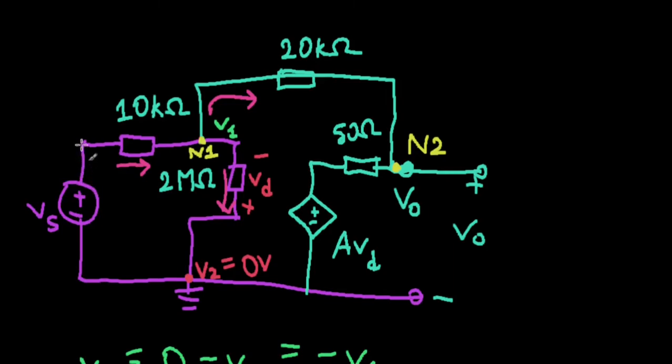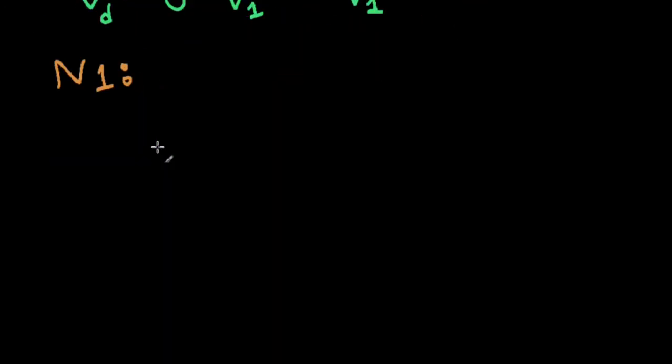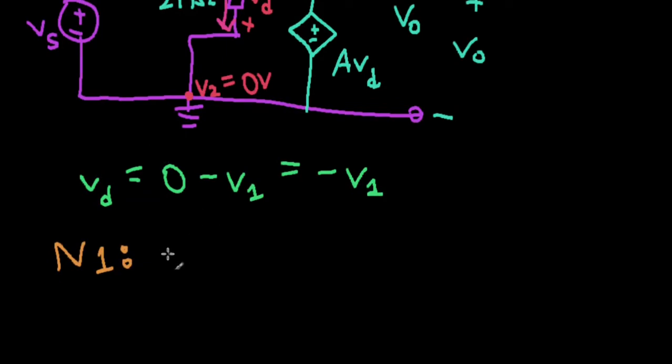Here the voltage is Vs, because this is the ground. So Vs minus V1, divided by 10 kilo ohms, or 10 times 10 to the 3 ohms.